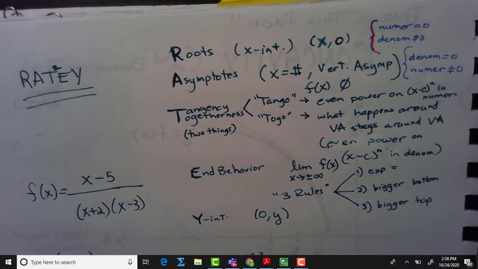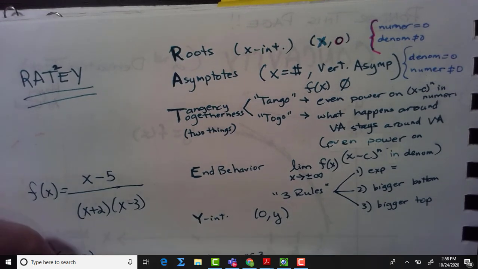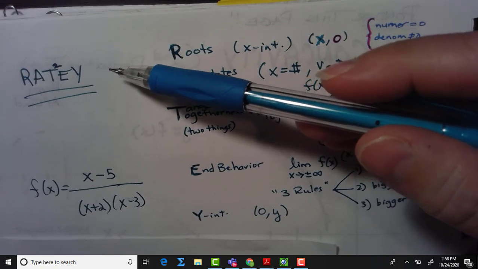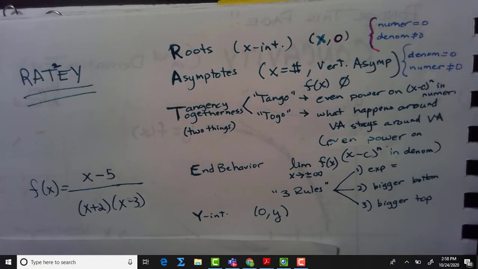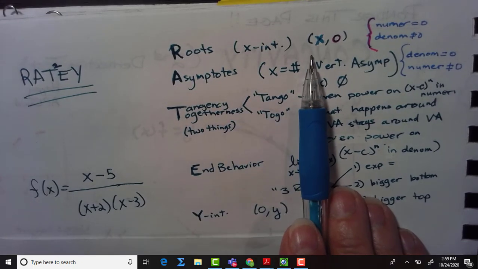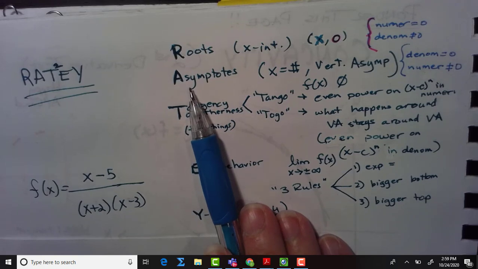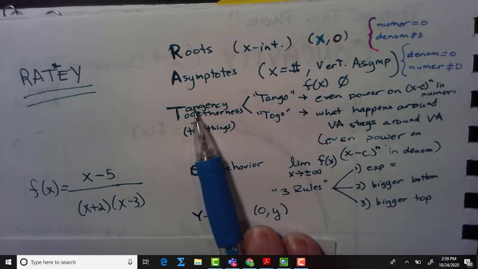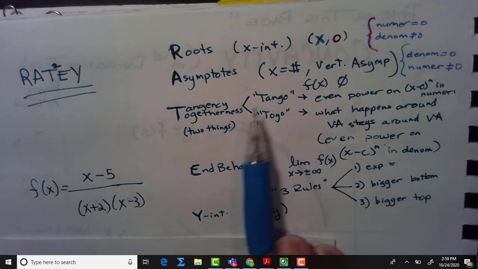Let's look at a couple of other examples. This is a good time to remind you once again about RATIO. RATIO is a way to remember all the features you need to think about for graphing rational functions. R stands for roots, that's our x-intercepts, where y is 0. A stands for our vertical asymptotes, okay? Our function's not going to be defined there.